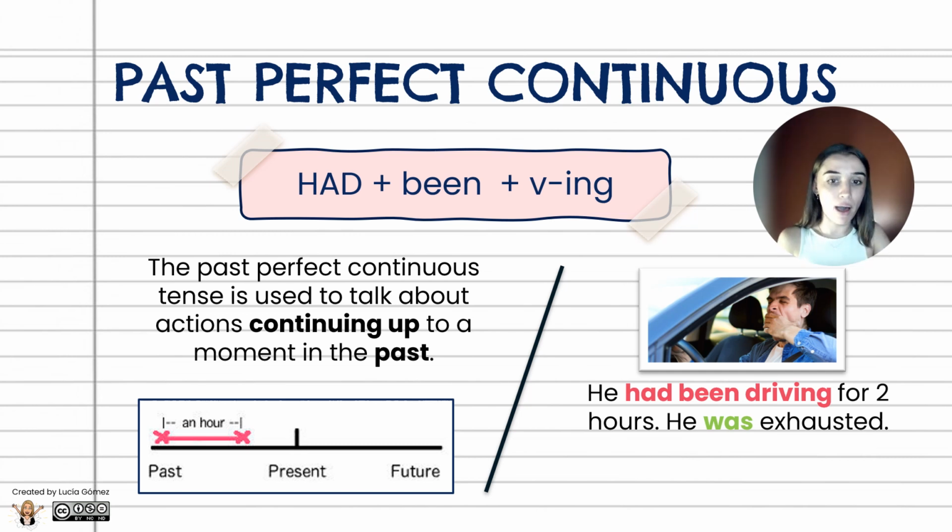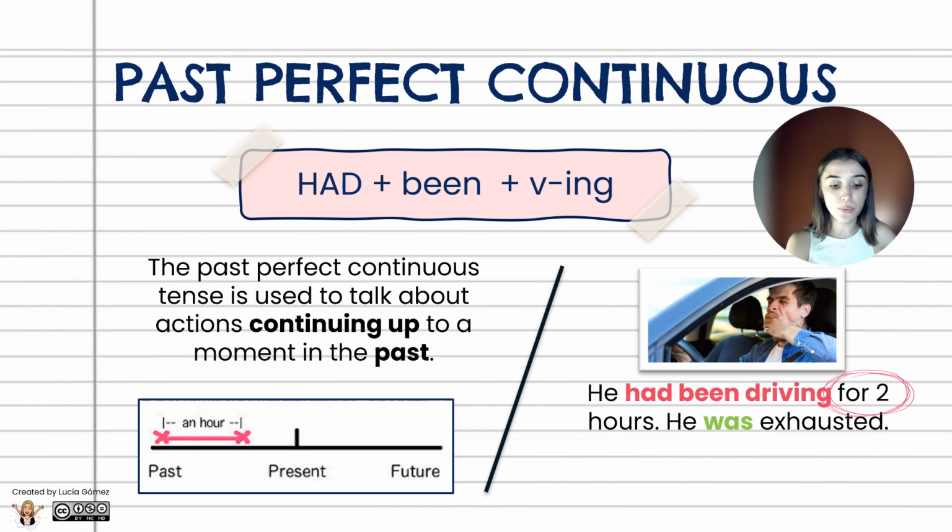Él estaba agotado. Todo lo que estoy narrando se sitúa en el pasado. Something that was continuous up to a moment in the past. Él había estado conduciendo durante 2 horas, 3 horas, las que sean. Una vez más, marco, enfatizo la duración porque es lo que me interesa, ¿vale? Y en este caso marco que es hasta un punto concreto del pasado. Cuando se cumplieron las horas, pues muy bien, ya dejó de hacerlo.